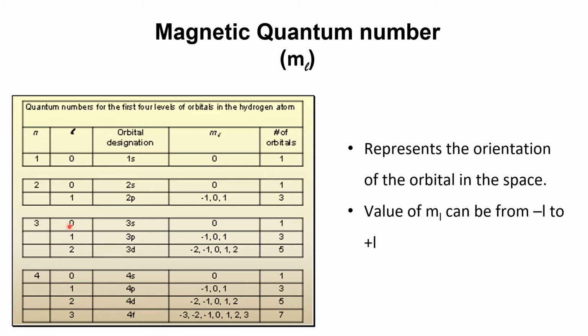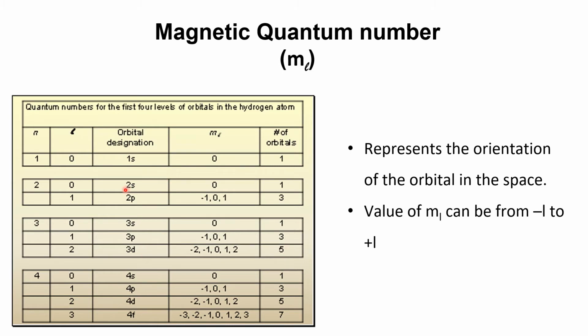For n equal to 3, the values of l can be 0, 1 and 2, and the orbitals would be 3s, 3p, 3d. Further, if we want to write the ml values, for 3s the number of orbitals would be 1, for 3p it is 3, and for 3d it is 5. So you can see here that if we are talking about s, there is only one orbital. You can see in 1s, 2s, 3s and 4s, the number of orbitals is 1.